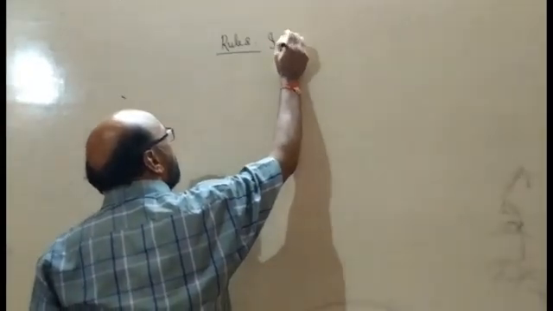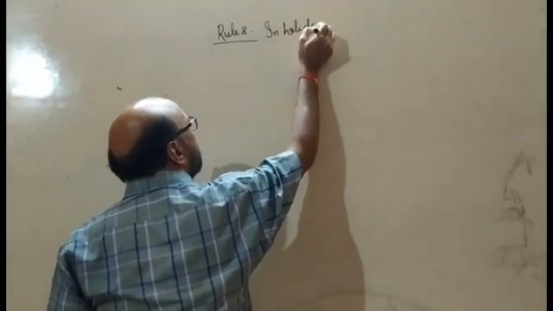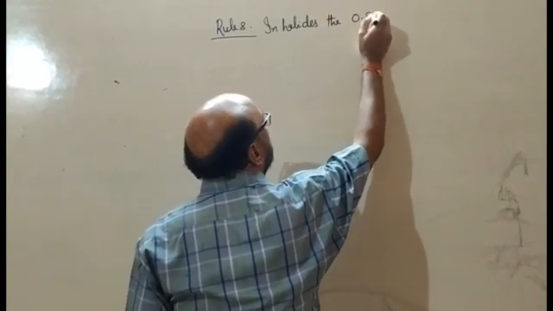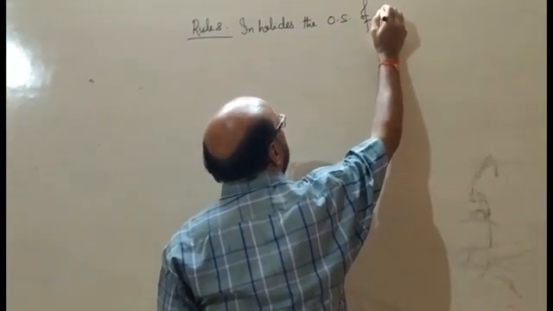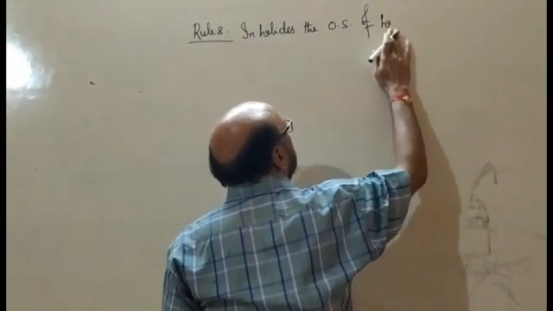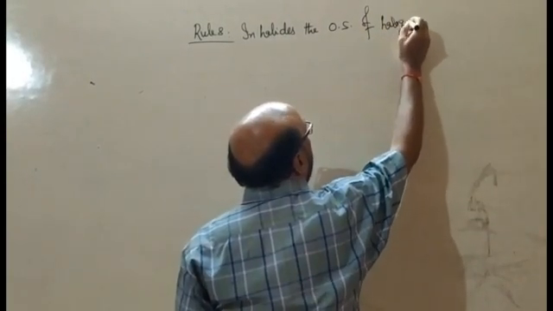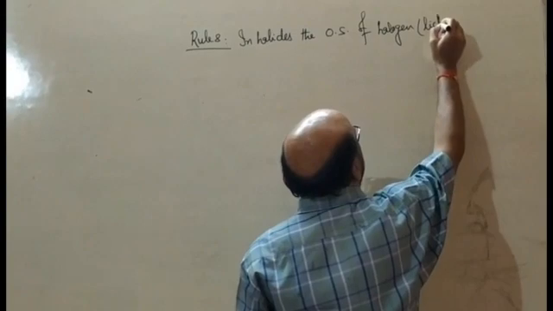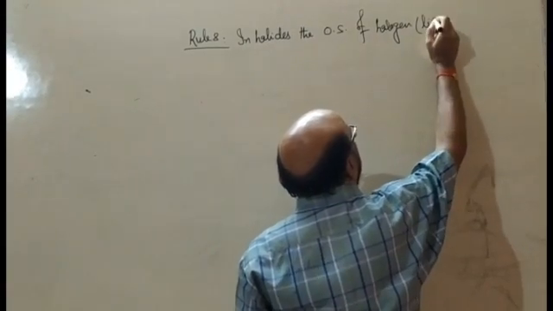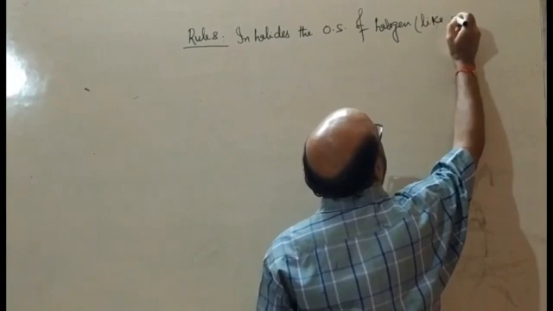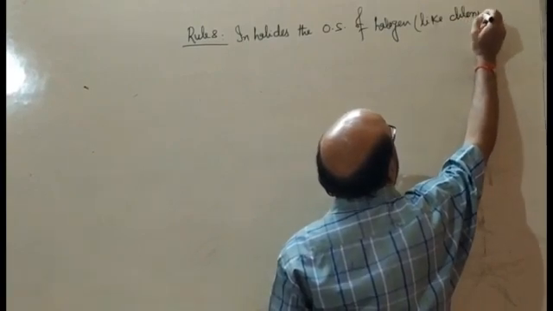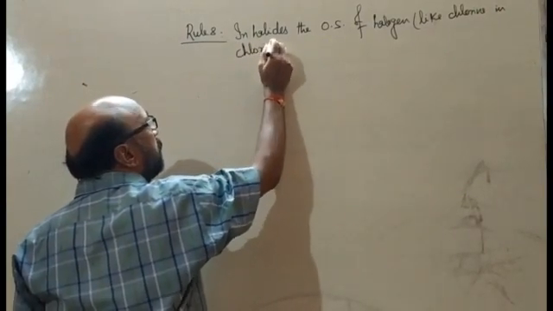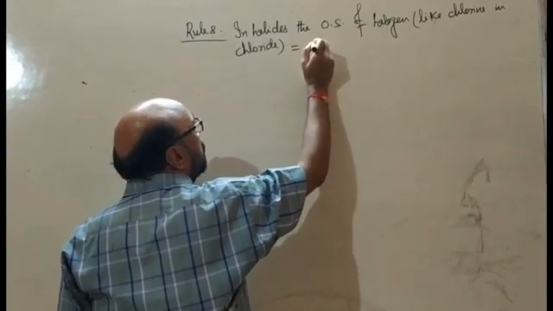In halides, the oxidation state of halogen, like chlorine in chloride, is -1.